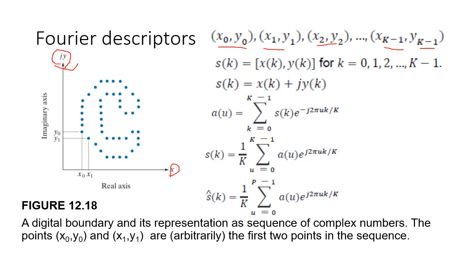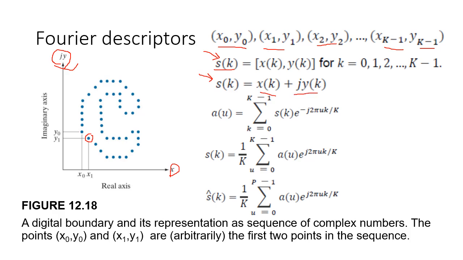So then each point becomes only a pair of numbers in an imaginary coordinate system. So again we could represent each point using sk, and sk is now represented in the complex number system as the real part plus the imaginary part.